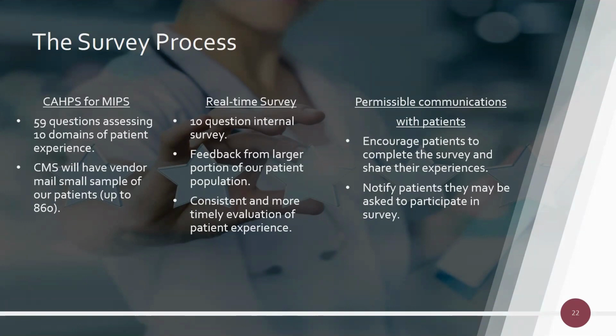CMS will have this survey mailed to a small sample of CHP eligible patients to complete. This survey will be sent out once a year in the beginning of October. Real-time survey is a 10-question internal survey, which provides feedback from a larger portion of our CHP patient population. Real-time surveys are consistent and provide a more timely evaluation of patient experience.